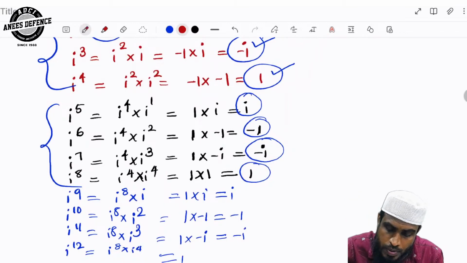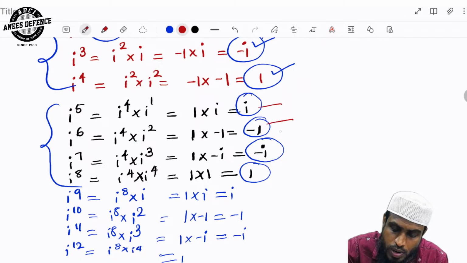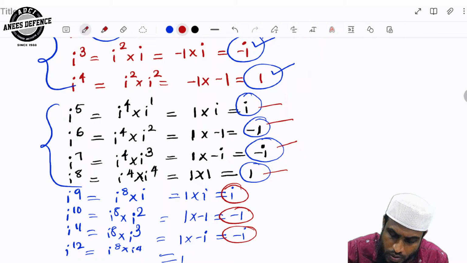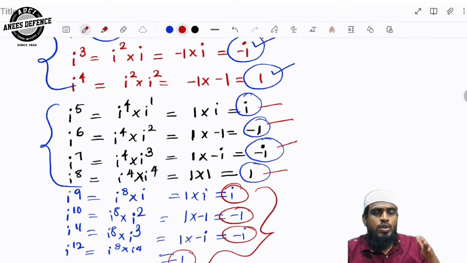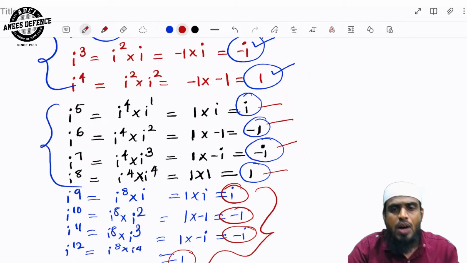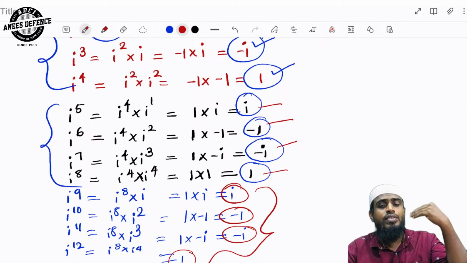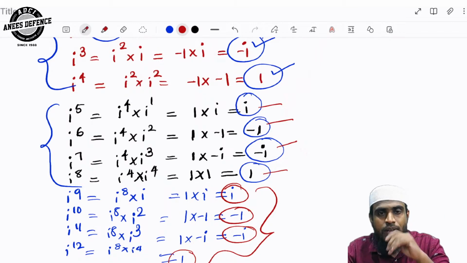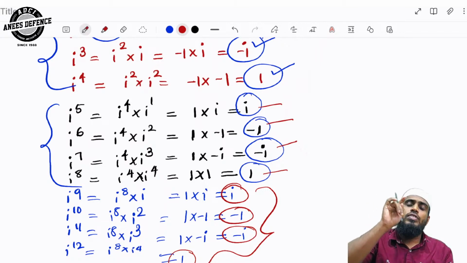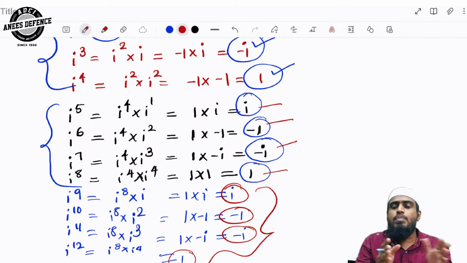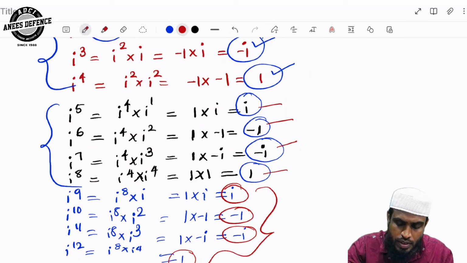So here you can see again I, -1, minus iota, 1. Again it is repeated. So after 4, after 8, after 12, after 16, after 20, these values I, -1, minus I, 1 are repeating. So if the power is a multiple of 4, that part can be considered as equal to 1.